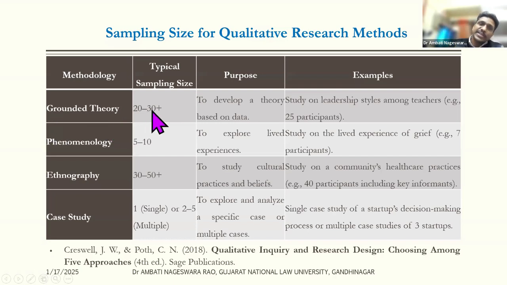In that particular study, the researcher collected data from 60 people, like 15, 15, 15, 15, 4 stages, minimum 20 to 30 plus. So there is no fixed amount. There is nothing like I can decide and tell you. This all depends on, as a researcher, what was the purpose, what kind of data you are getting, what kind of insights are coming up, whether you are able to reach saturation or not. That decides what would be your appropriate sample.